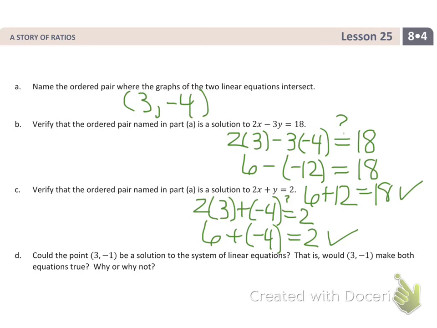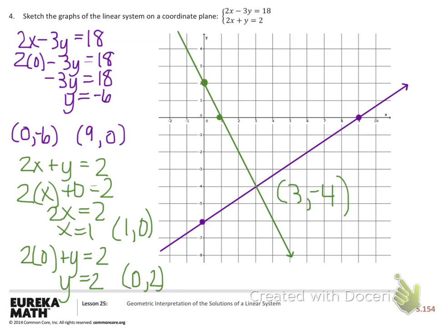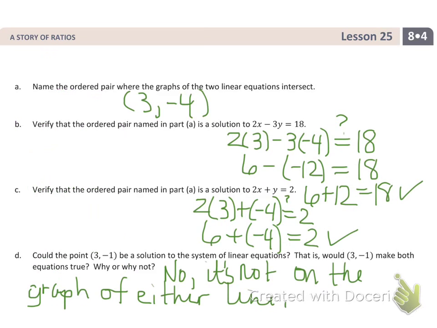Okay, could the point 3, negative 1 be a solution to this system of linear equations? So let's look back at our graph. We'll find the point 3, negative 1, which lies out here. It's not a solution to either equation, so it can't be a solution to the system either.